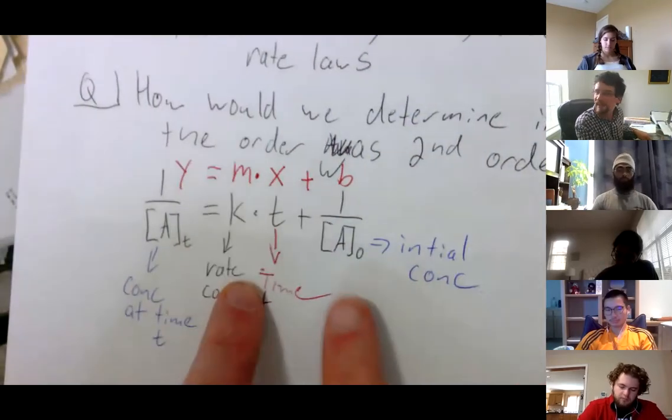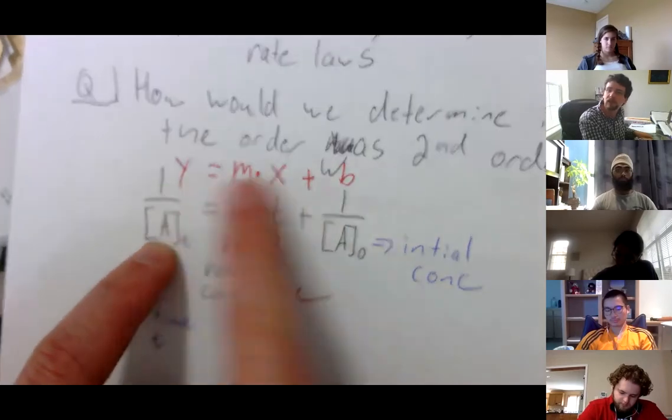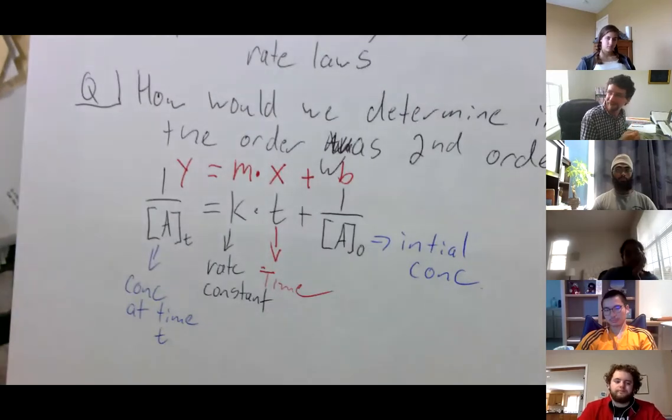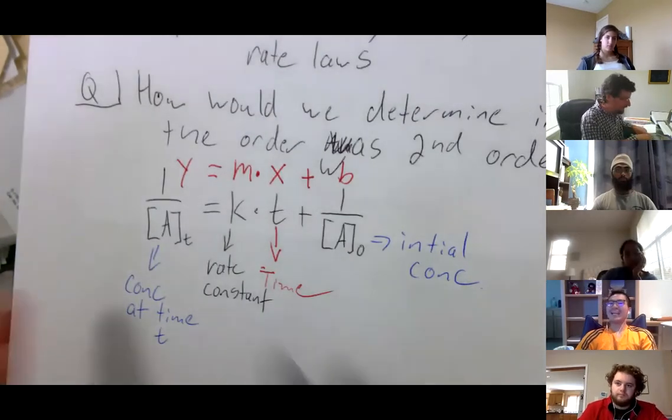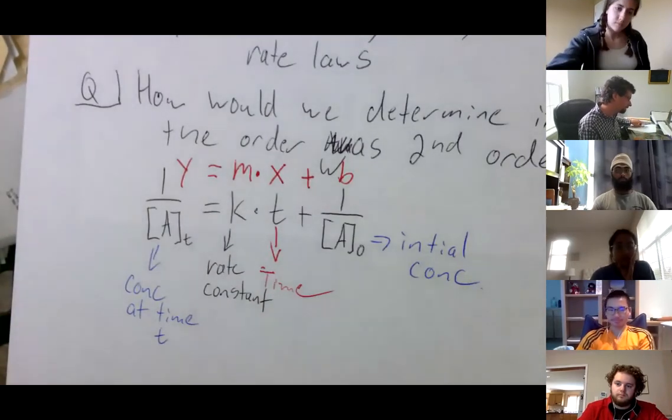So the reason these equations have these crazy forms is because they're trying to make this a linear line, which sounds super redundant, to make this into a linear equation. So what we would do is, what would you plot?